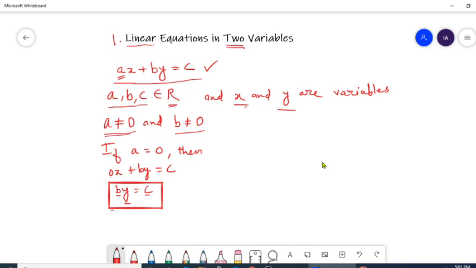In the same way, if b is 0, your resulting equation will become ax equals c, as by becomes 0. Even this equation will not remain an equation in two variables, because it has only one variable, that is x. So that is the reason the values of a and b should not be equal to 0.